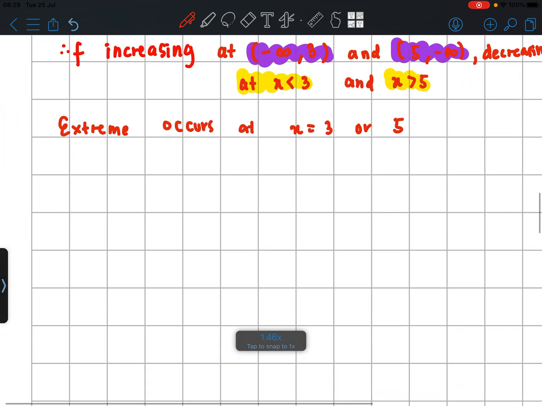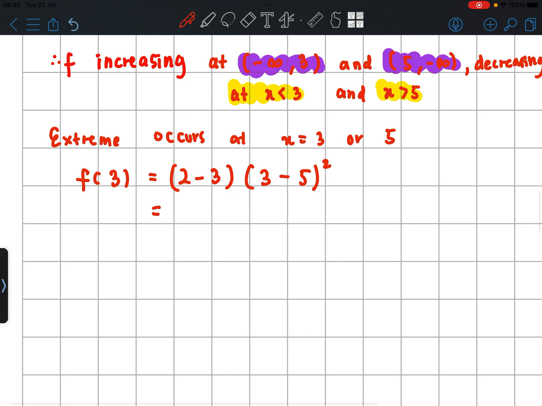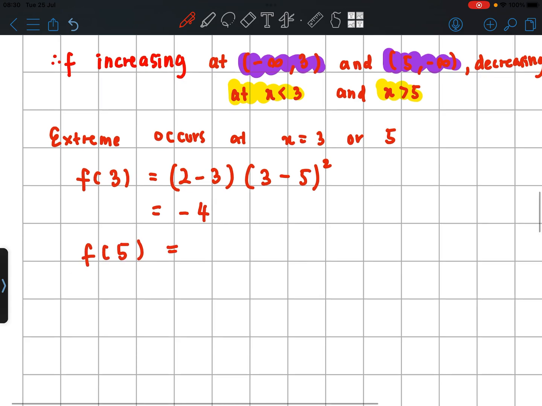Then we just subs in lah. f(3) is what? (2 minus 3) times (x minus 5) squared with x is 3, right? So we just gantikan the x value. So we will get minus 1 times 4, so it's minus 4 lah. And we just ganti x equals to 5.